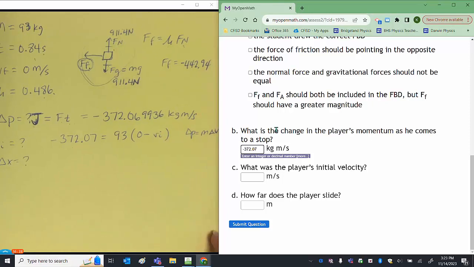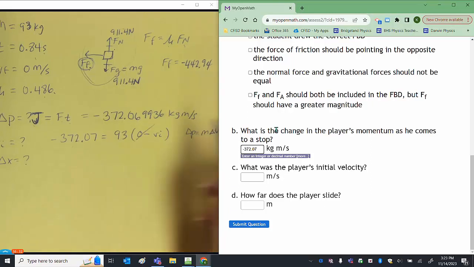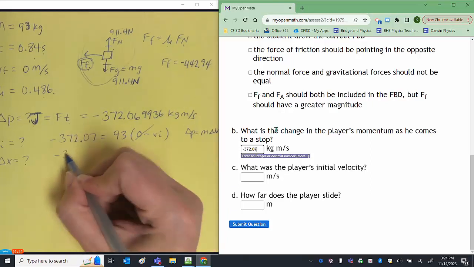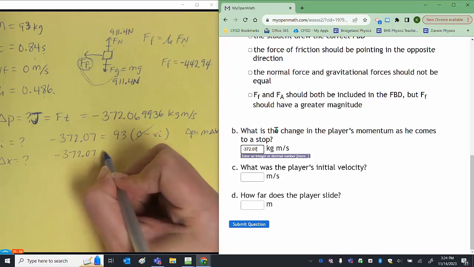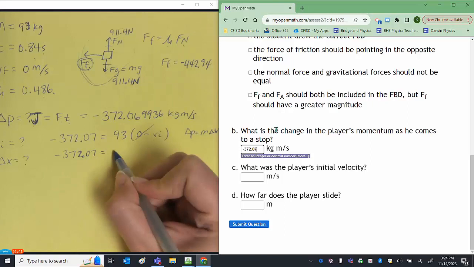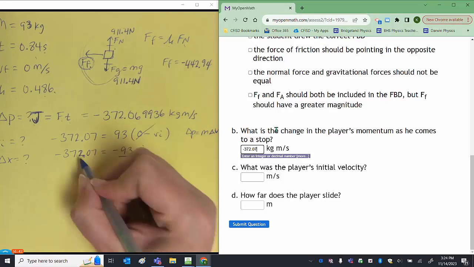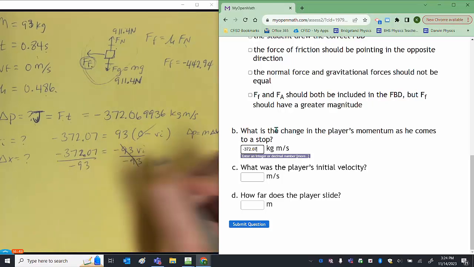That's the formula that I'm using. Okay, so again, this 0 is going to go away. And so we have negative 372.07 equals 93 times negative VI, which is negative 93 times VI. And now we're going to divide both sides by negative 93. That gives me VI.